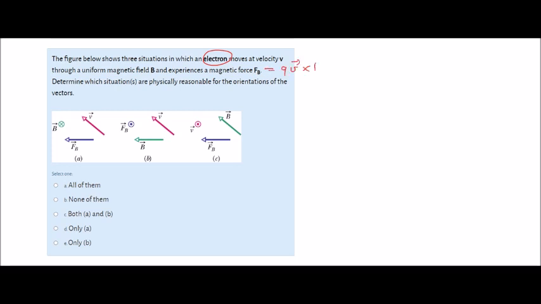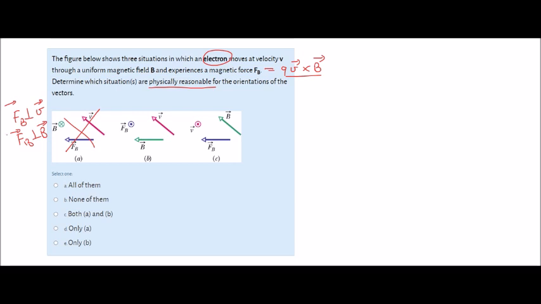QV cross B. Determine which situations are physically reasonable for the orientation of the vectors. So first one, A, is this reasonable? Of course not, directly. Why is that? FB is perpendicular to V and FB is perpendicular to B. That's a consequence of this.